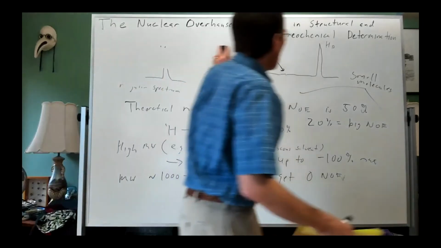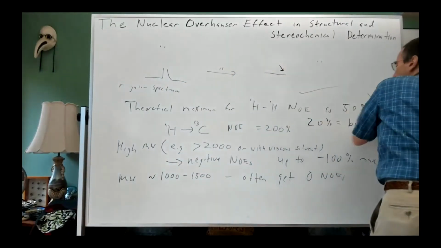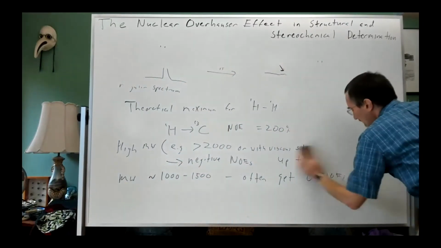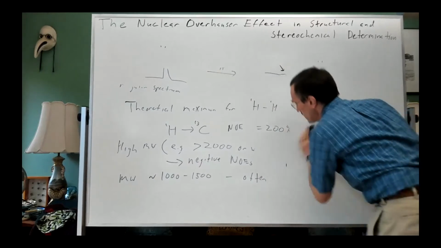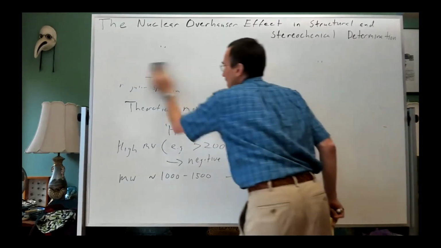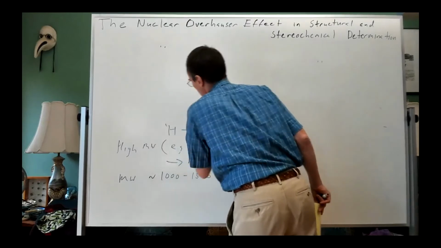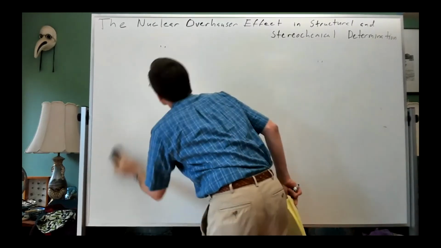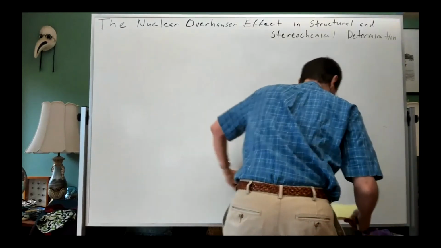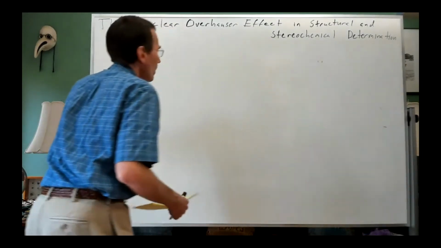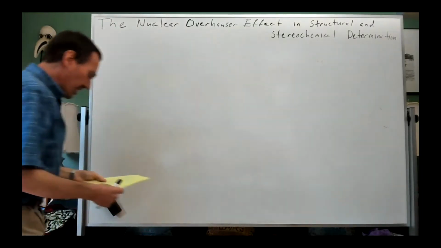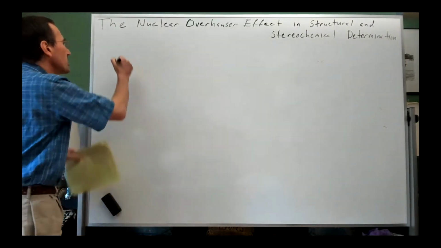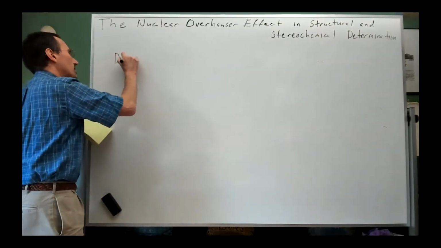I just want to show you what this means in a practical sense, of how you get a typical one-dimensional NOE spectrum. I'll show you first with a little diagram, and then we'll look at some real experiments. So the simplest NOE experiment that's often done is called a difference NOE experiment.